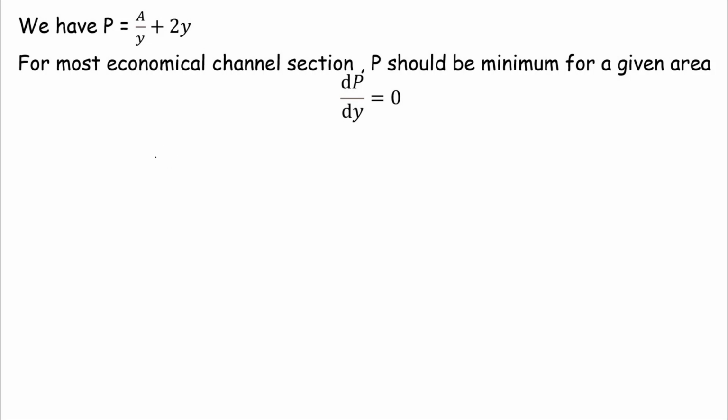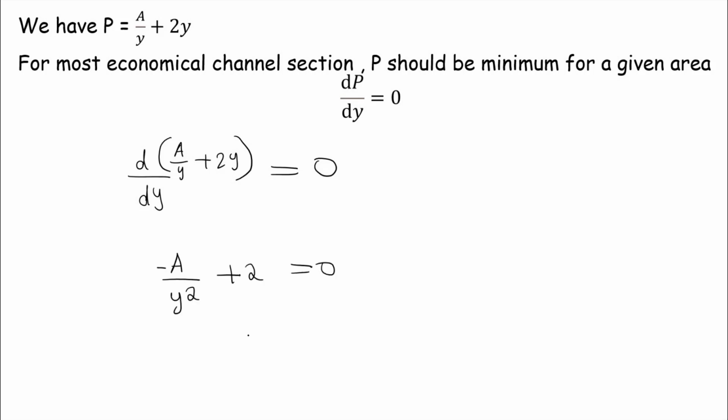So I'm substituting the value of P in this equation. We will get d by dY of A by Y plus 2Y, which should be equal to 0. When I differentiate this equation, you will get minus A by Y square plus 2 is equal to 0, or A is equal to 2 into Y square, right?